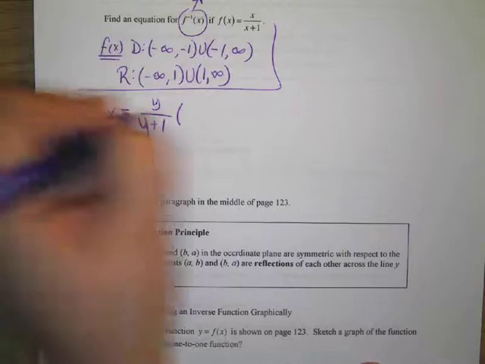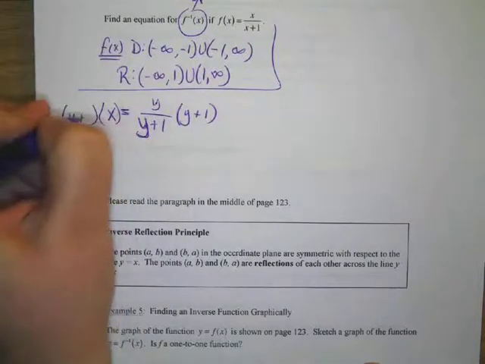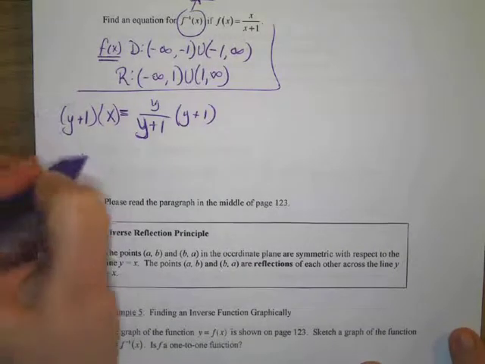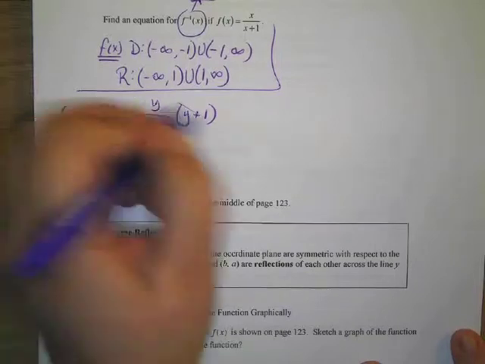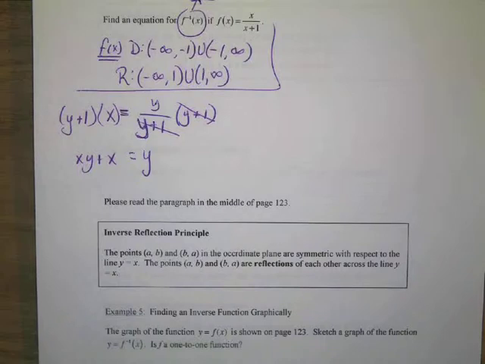So I'm going to multiply both sides by the denominator. On the left, I'm going to distribute the x through, and then the y's cancel on the right side. Now I'm trying to solve for y, so I need everything that has a y on one side and everything else on the other.